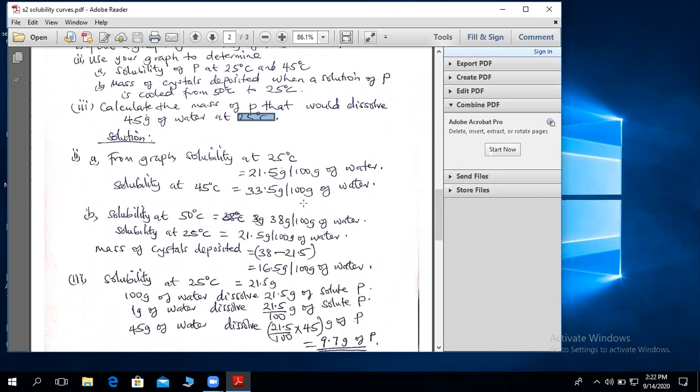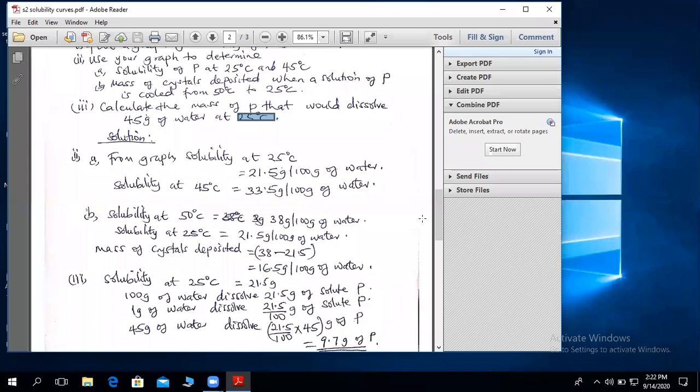And remember, from definition, solubility is the mass of a solute that saturates 100 grams of solvent. So when you get the answer, it means 100 grams of water will dissolve the answer that you are going to get from the graph.